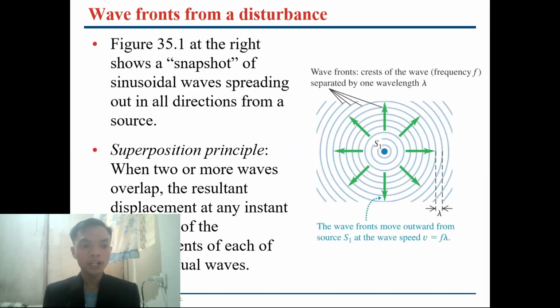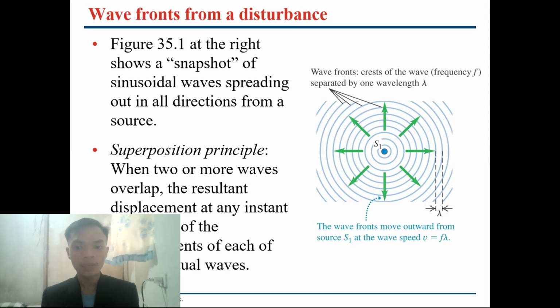Let's start with the wave fronts from a disturbance. We can see here that figure 35.1 at the right shows a snapshot of sinusoidal waves spreading out in all directions from a source. Wave fronts are the crests of the wave, separated by one wavelength.